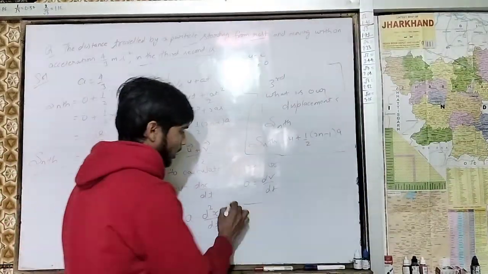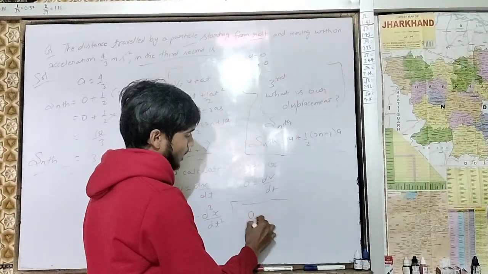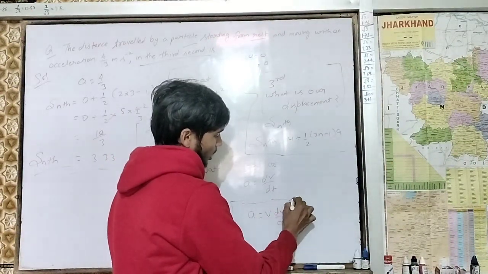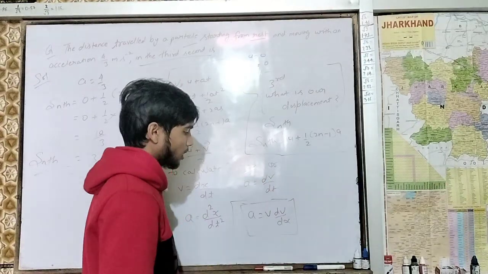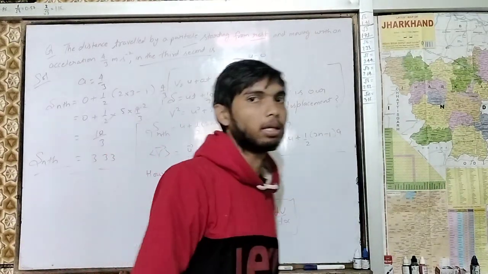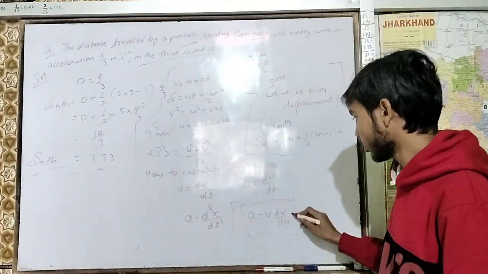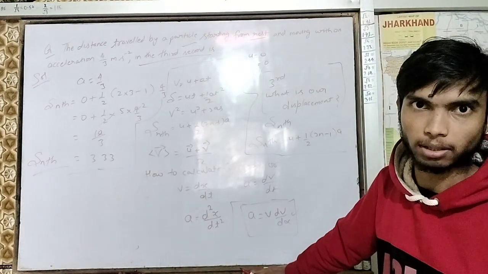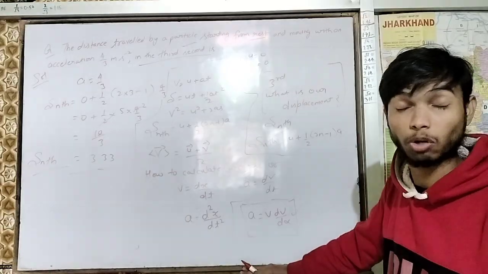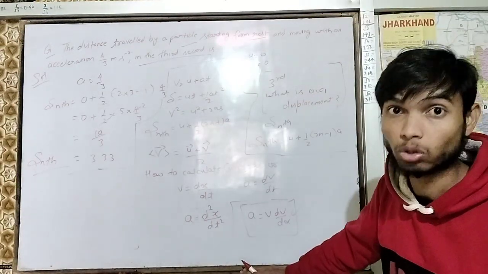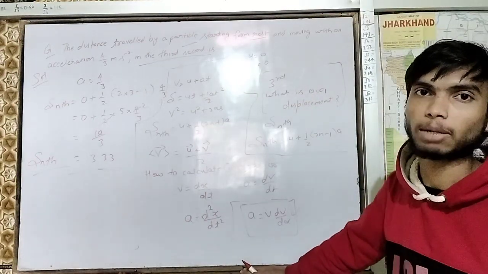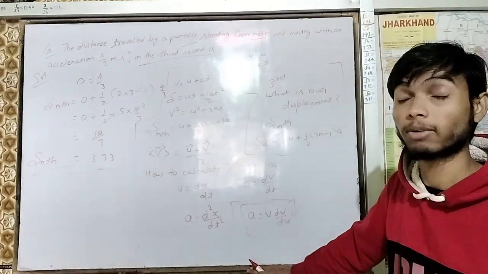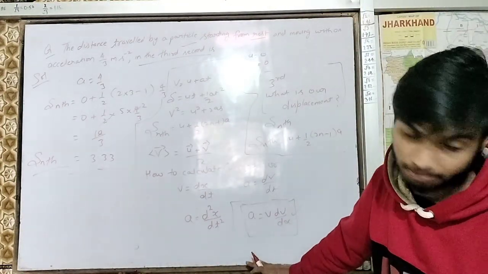You will see one more thing, which is a is equal to v into dv upon dx. This will be used when t is not given in the question. The question might be asking for the location of a particle where the velocity at that location is given. Then you can use this formula, where t will not be given.